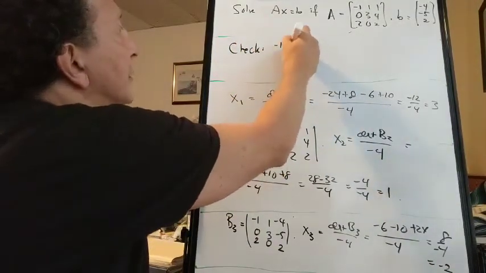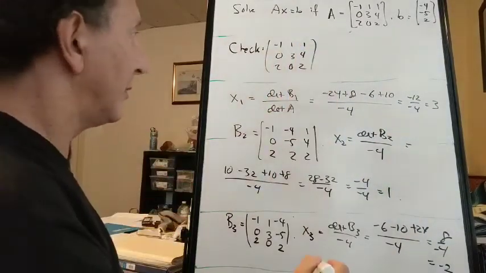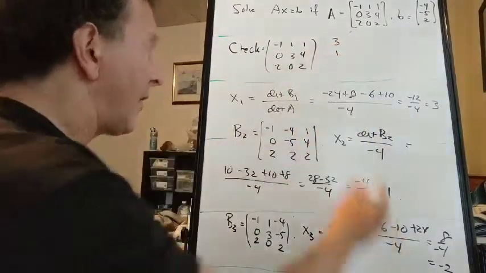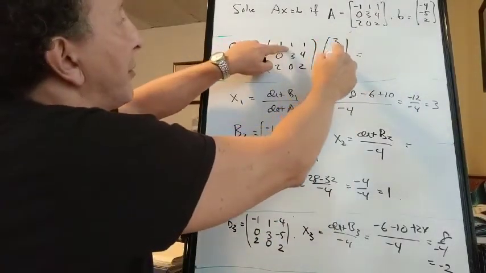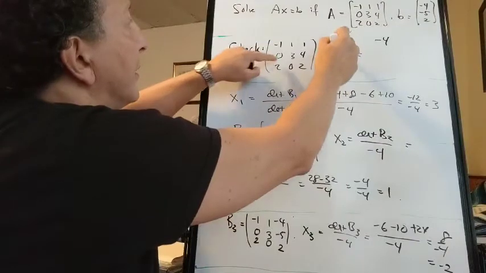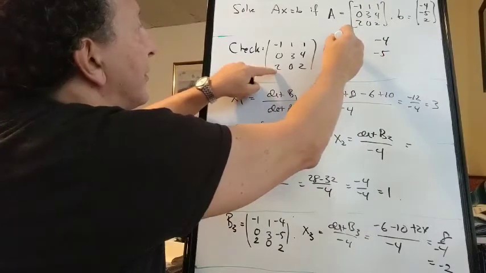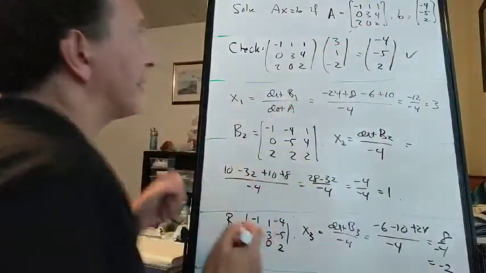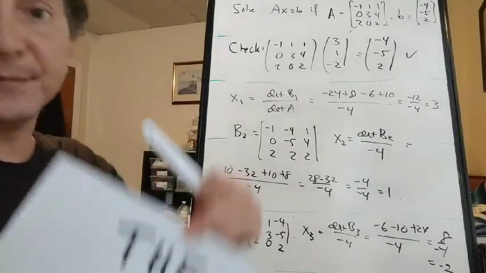So negative 1, 1, 1, 0, 3, 4, 2, 0, 2 times 3, 1, negative 2 equals negative 3 plus 1 is negative 2, minus 2 is negative 4. 3 minus 8 is negative 5. 6 minus 4 is 2, which is exactly what the right-hand side is supposed to be. So there we have it. The end.